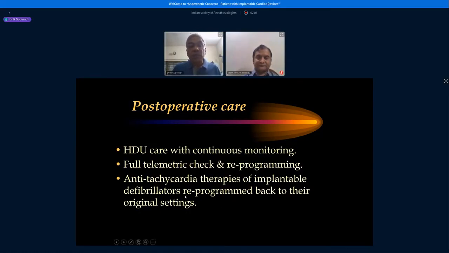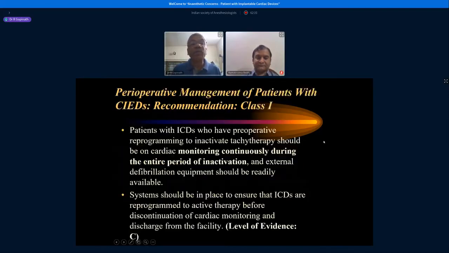They should be reprogrammed to their original settings before you send them out of the high dependency unit. Even in post-operative care, you should continue to monitor them as long as their device is not reprogrammed.